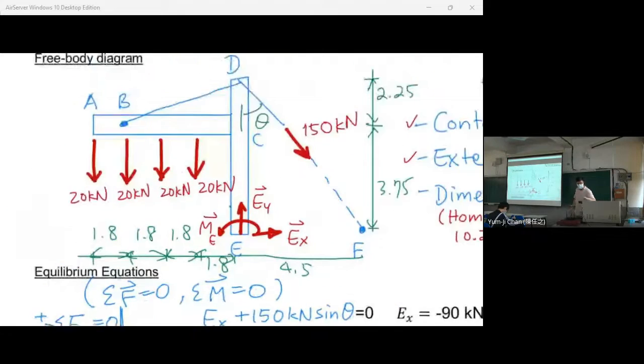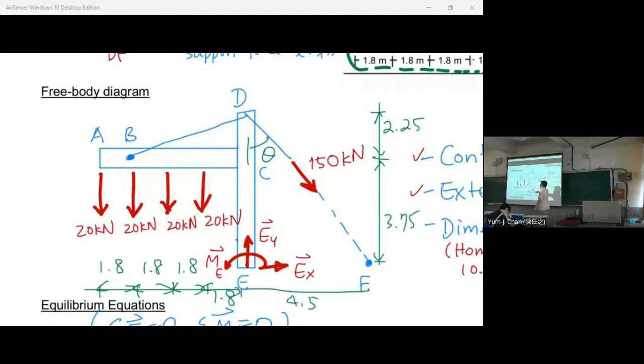So we look at the figure again. For point E, these 4 forces are counterclockwise, while this force here, the cable tension, is clockwise. So we say counterclockwise is positive, so this one is negative.